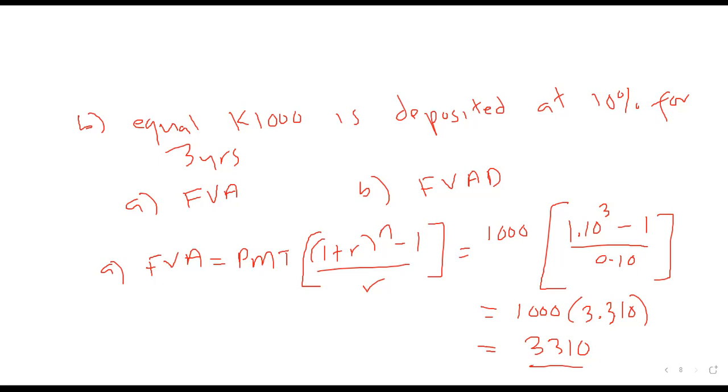So in the event that you want to use a table, you can simply write the future value of an annuity is equal to the payment, then here we put the future value factor for an annuity.